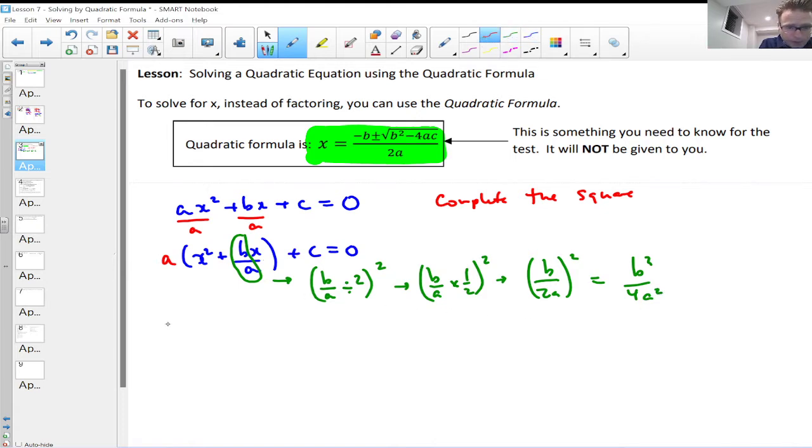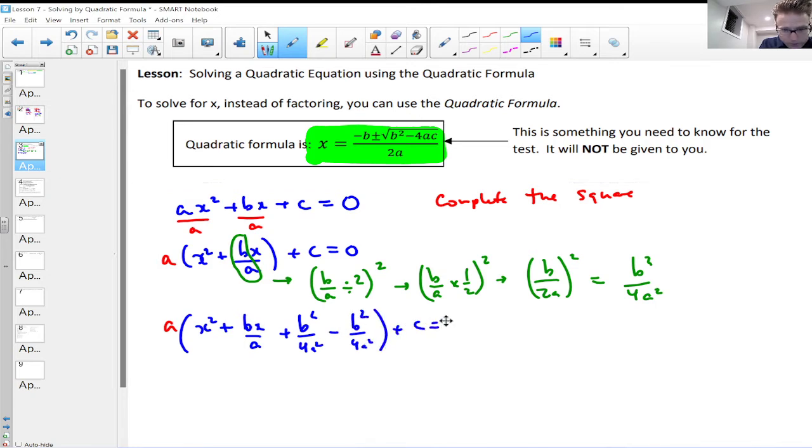So here I'm going to have a, then I will have x squared plus bx over a plus b squared over 4a squared minus b squared over 4a squared plus c equals 0. All right, what I've created here is a perfect square. These first 3 terms are going to be x plus b over 2a, squared.